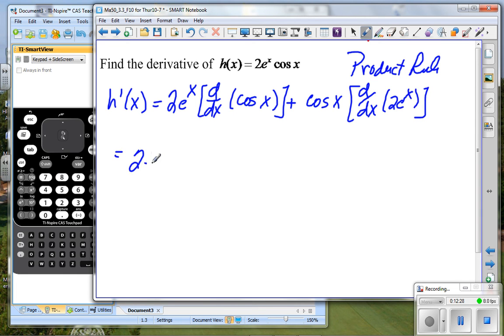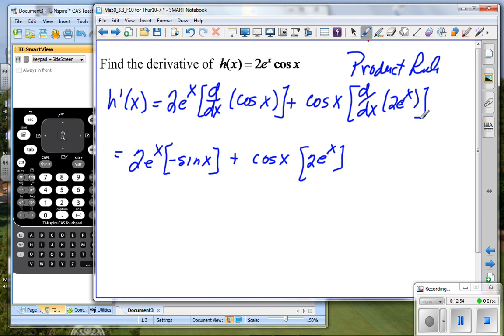Okay, so then after you show me those, you're going to actually take the derivatives. So we have 2e to the x. The derivative of cosine is negative sine. And then plus cosine x, and we have the derivative of 2e to the x. This is a scalar, and so we're going to end up with 2 times, and the derivative of e to the x is simply e to the x.